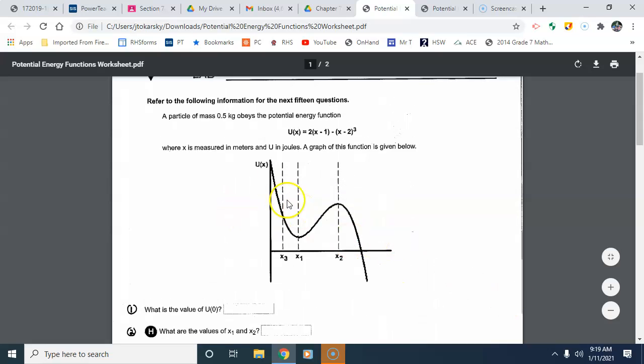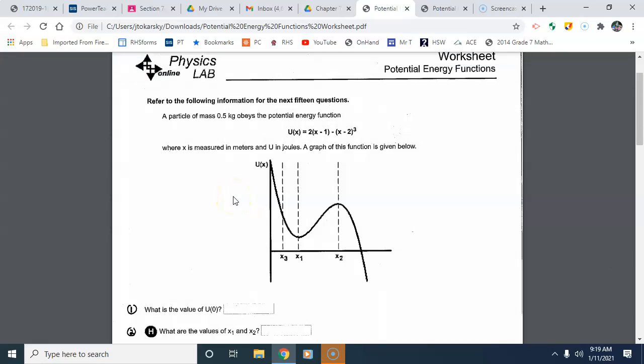But in coming questions, that's important because in a little bit, one of the following questions basically tells us that it was released from rest. Whatever this object was that follows this function, it was released from rest. And if that, so at position 0, it wasn't moving. So if we have, remember, conservation is all intertwined with this. If I got 6 joules at this position of potential and it's not moving, the total energy is 6, right?